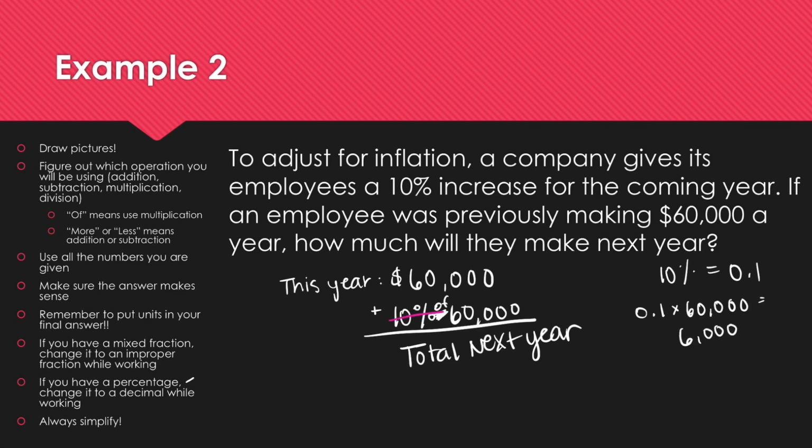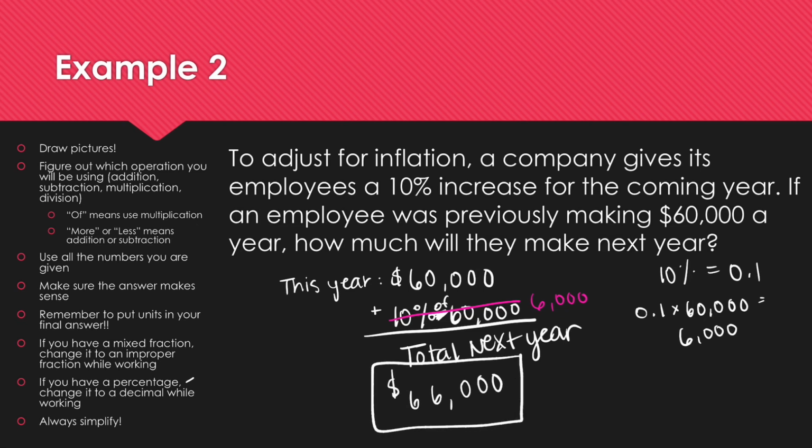So now I can put that back in here. I have 60,000 plus 6,000. So next year, this employee will be making $66,000. And that makes sense. It's more than the previous year. It's still in dollars, and we were able to apply that.